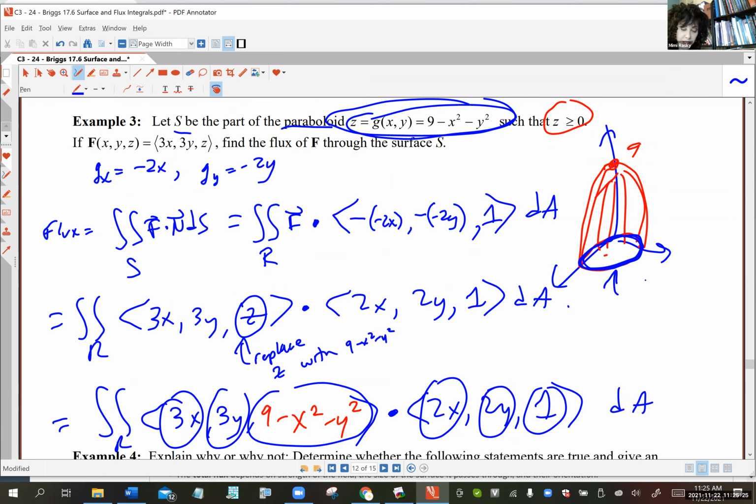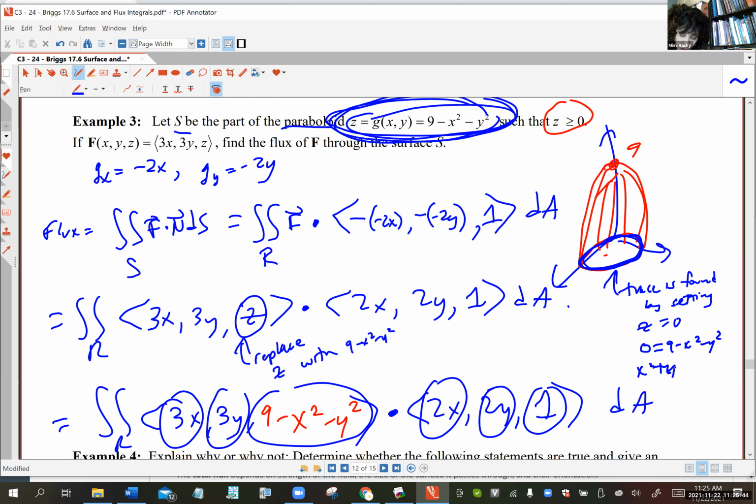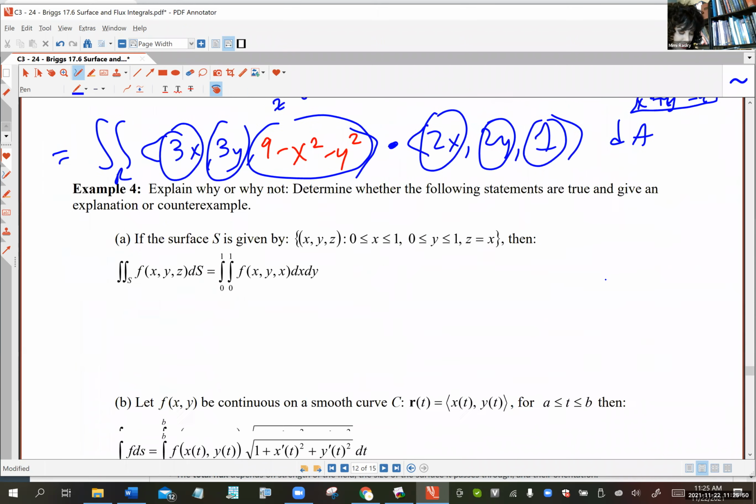The trace is found by setting z equal to 0, and then you'll find out where that paraboloid cuts into the xy plane. If you substitute a 0 in place of z into that paraboloid equation and rearrange, you'll see that it's a circle centered at the origin of radius 3.